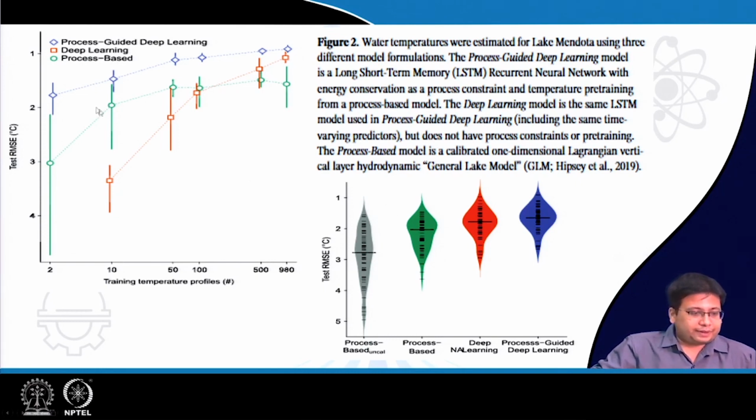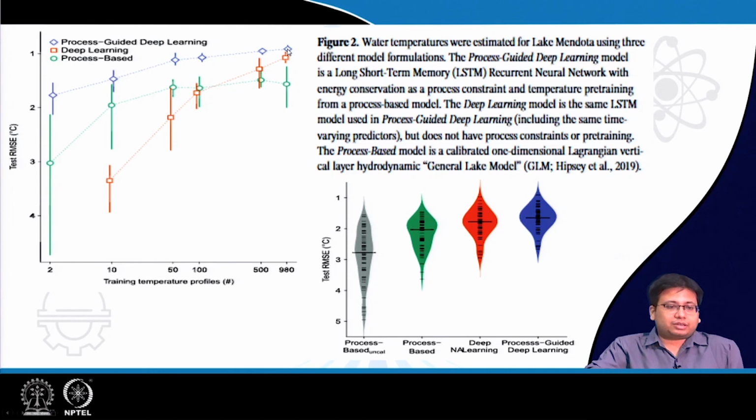As you can see, in many cases initially the error is high using the proposed model, but then as we receive more and more temperature profiles, that is, on the x-axis they are comparing the training data, it shows that when we have sufficient training data, the proposed model is able to achieve almost equal RMSE as obtained from the process based models and so on.